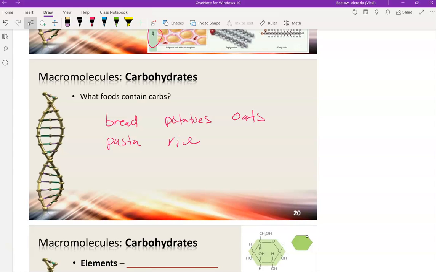There are a lot of other examples too. Other foods might contain some carbs, just not as much. When I say contain carbs, I mean they're very high in carbs and low in other things, like maybe proteins and fats.